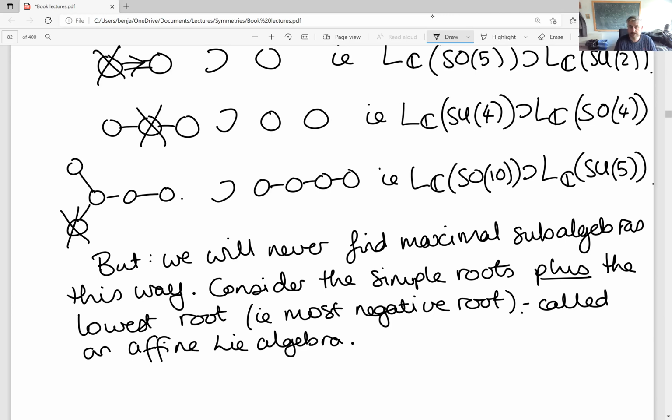It turns out that there's a unique one for each simple Lie algebra in our table. Affine Lie algebras are important in string theory and in conformal field theories. They're actually infinite dimensional, but anyway.